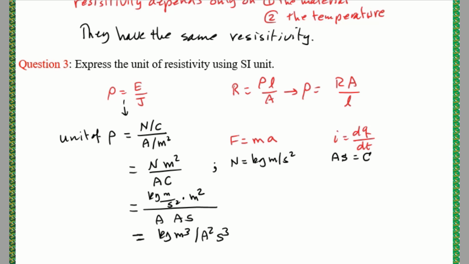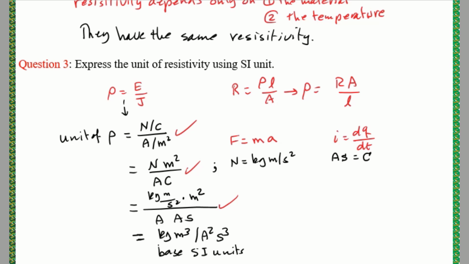It is the unit of the resistivity using base SI units. You will follow your question, since it is a multiple choice question, and see in which stage the question stops, here or here or here or anywhere else.